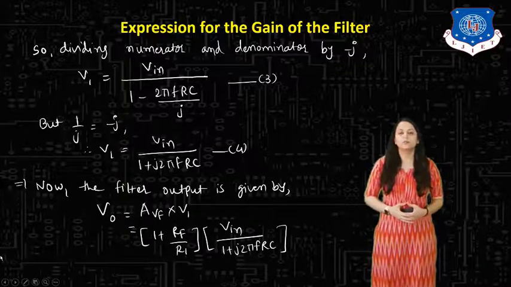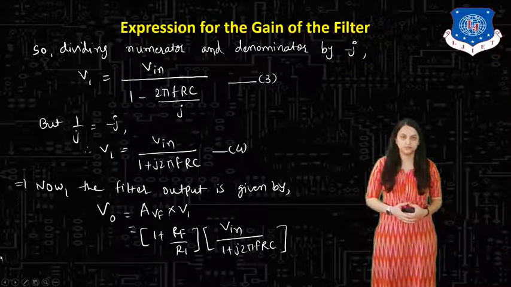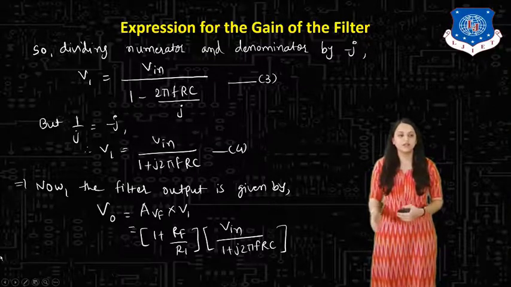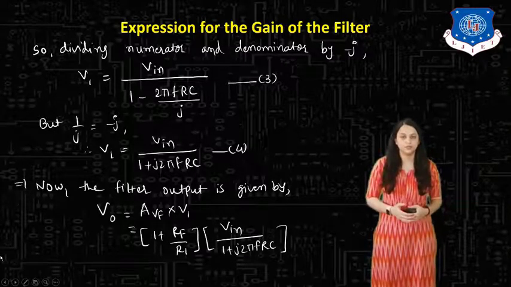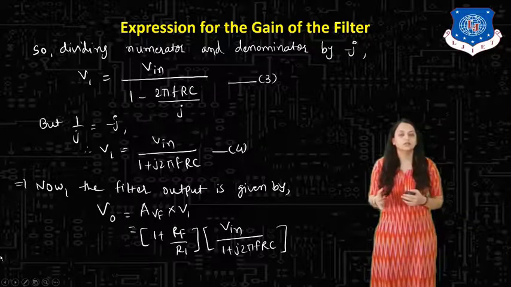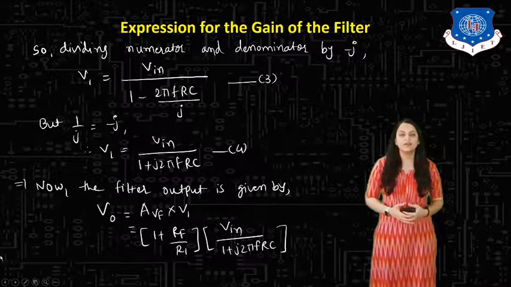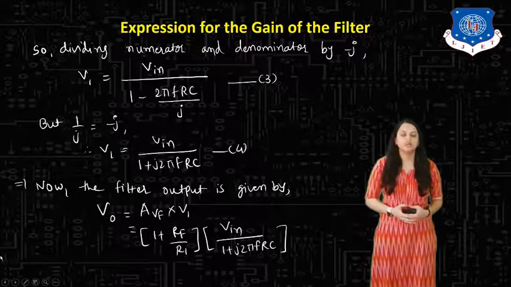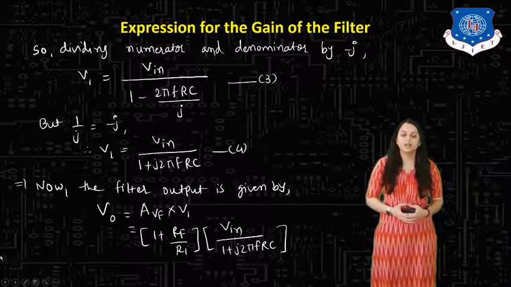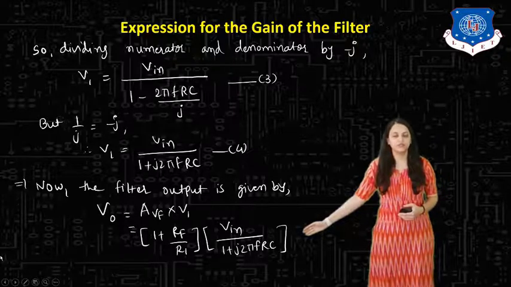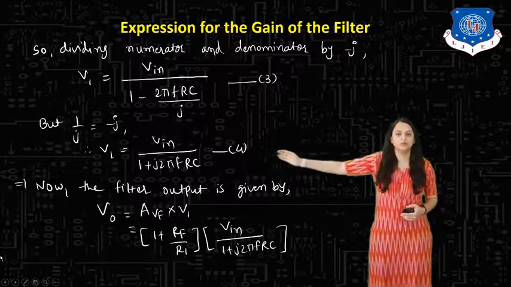Now we want to obtain the filter output. So the filter output is given as VO, that is equal to AVF into V1, where AVF is the gain of the op amp with feedback. Here we have used a non-inverting amplifier, that's why the gain is given as 1 plus RF by R1 into, we are placing the expression of V1, that is equation number 4.